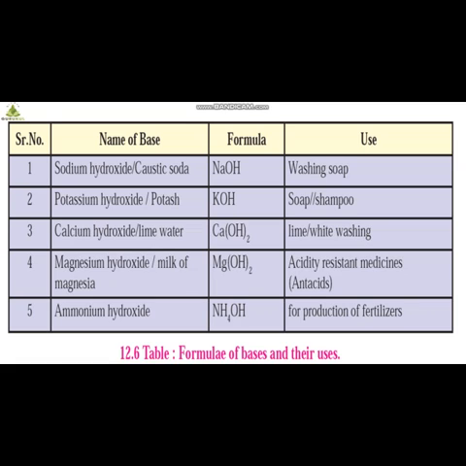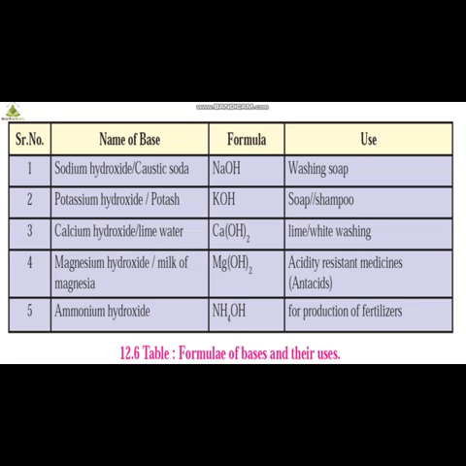And what is its use? Lime or whitewashing. Okay. Fourth, we have magnesium hydroxide, which is also known as milk of magnesia. Formula of magnesium hydroxide is Mg(OH)2. And milk of magnesia is used as antacids.